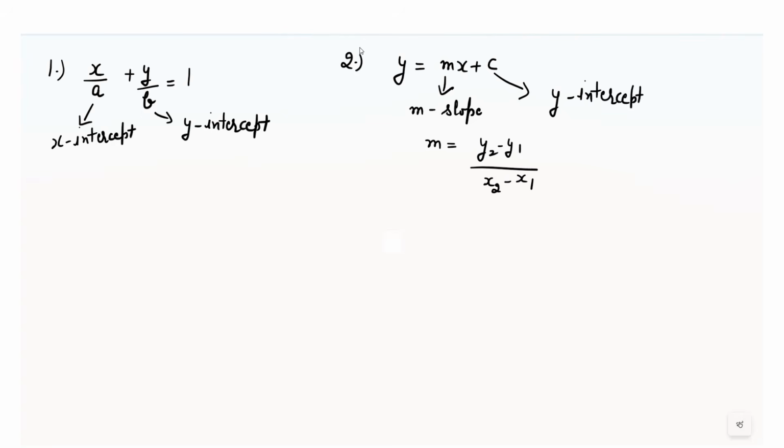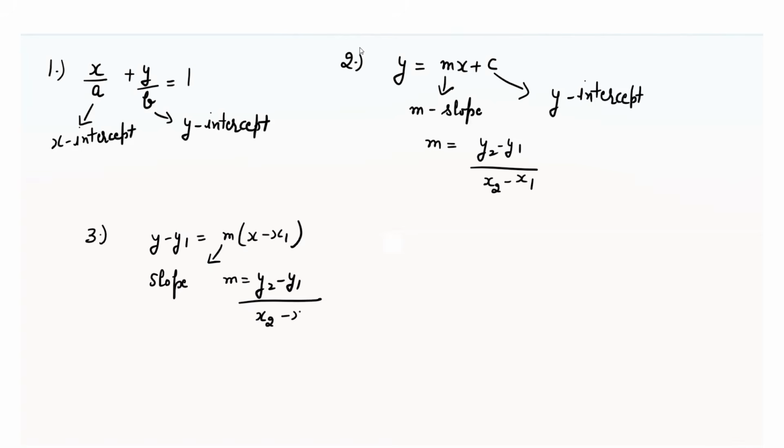The third way is we can use the formula y minus y1 is equal to m times (x minus x1), where m is the slope, and we can calculate the slope using the same formula, m is equal to y2 minus y1 over x2 minus x1.